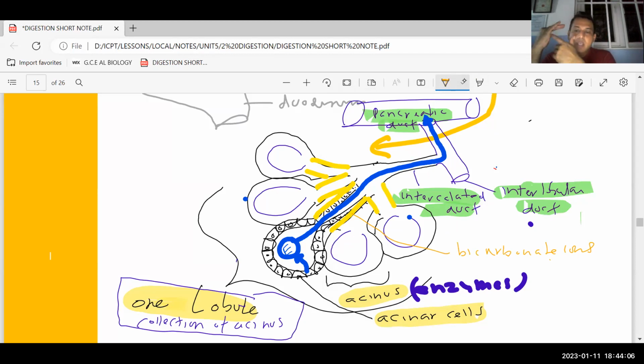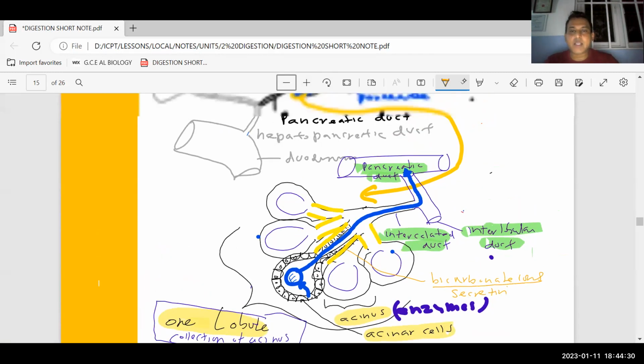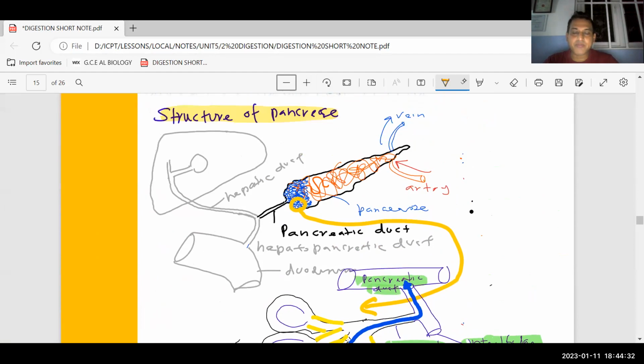So these enzymes are lipase, trypsin, chymotrypsin, amylase, and nucleases. And bicarbonate ions are also produced under the influence of secretin, a hormone. This hormone controls bicarbonate ion production. Okay, now did you understand the basic structure of the pancreas?